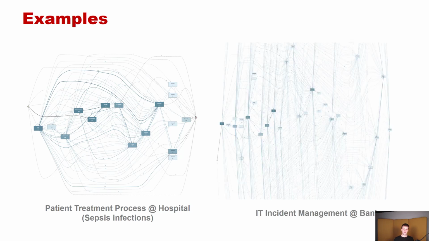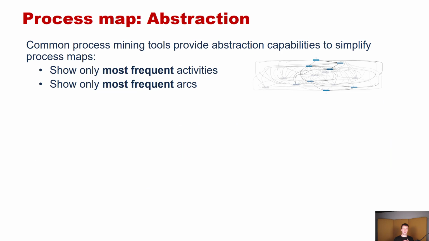In fact, here is another example where you have a mess of arcs and activities. It's going to be very tricky to work with the full log, so you kind of need to apply, for example, process map abstraction. Common process mining tools provide abstraction capabilities to simplify process maps.